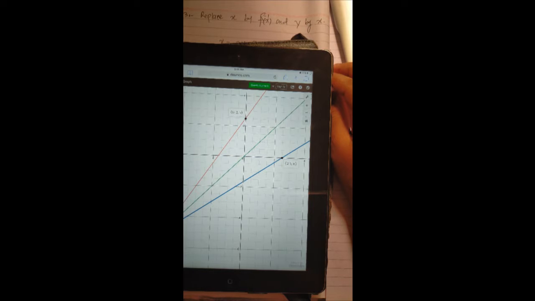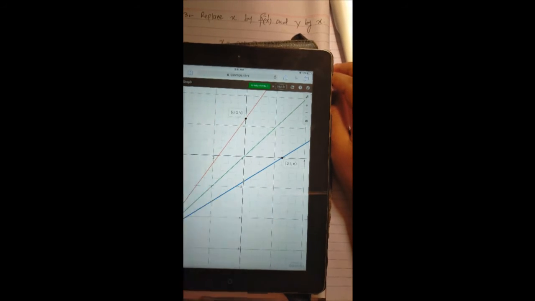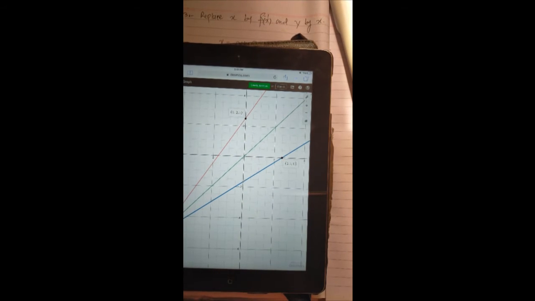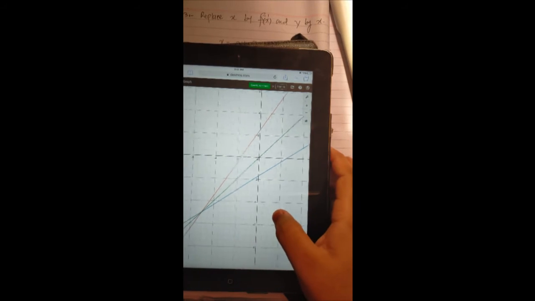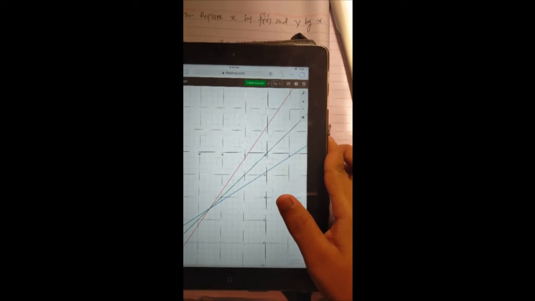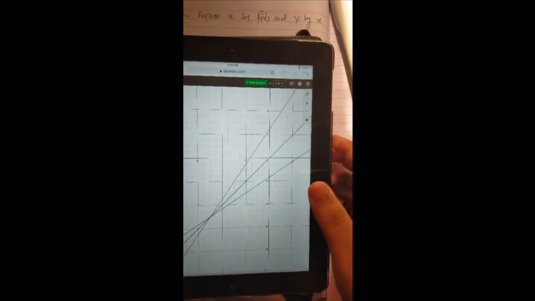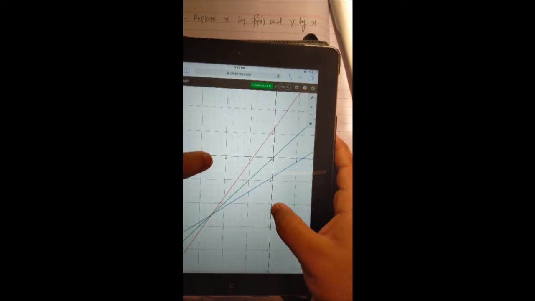So what actually happens is that the x and y terms are flipped. This happens because we are reflecting through the y equals x mirror line. This is the graph of f of x and f inverse of x, and you can clearly see the relationship between them through this graph.